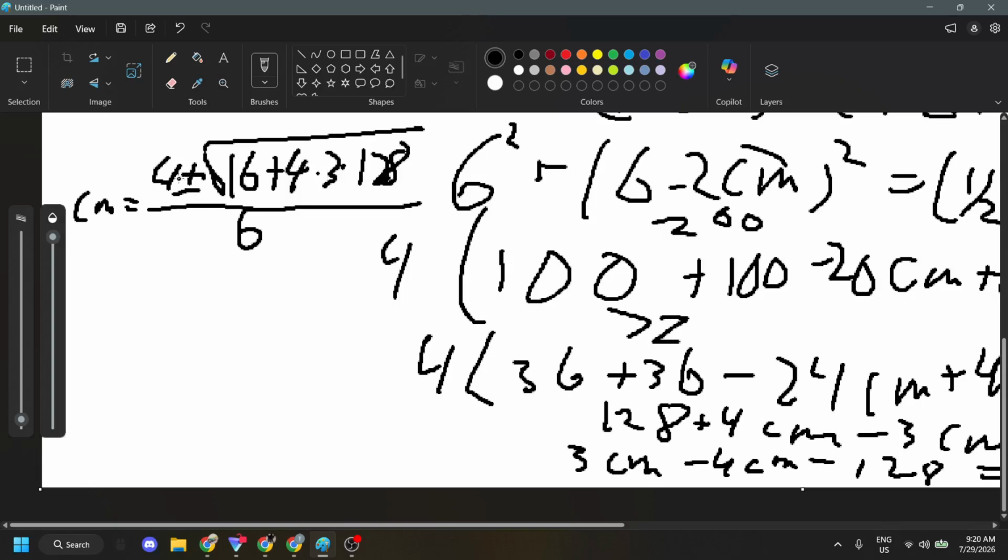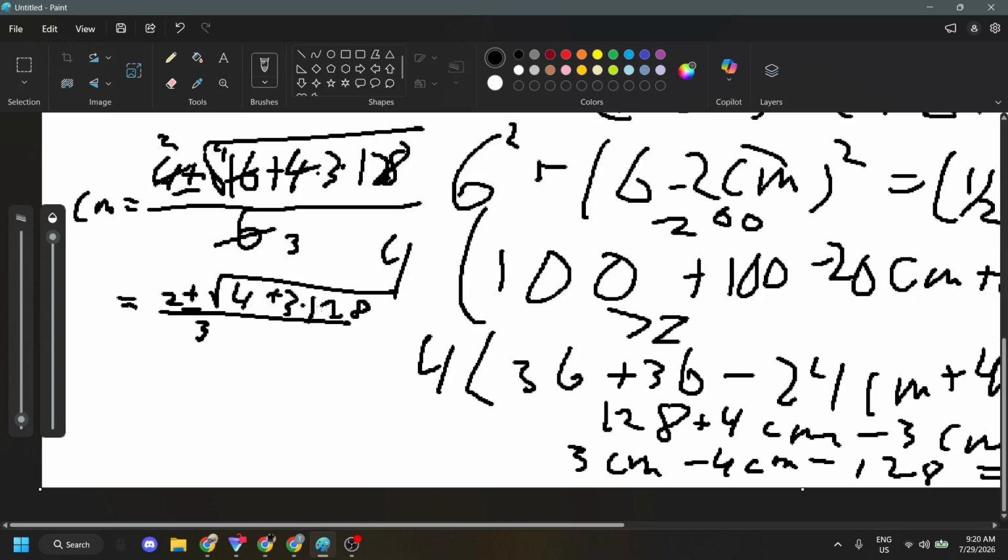So take a 2 out here, take a 2 out here, and then take 4s out here. So we get 2 plus or minus over 3, the square root of 4 plus 3 times 128, which is, 3 times 128 is 384, right?